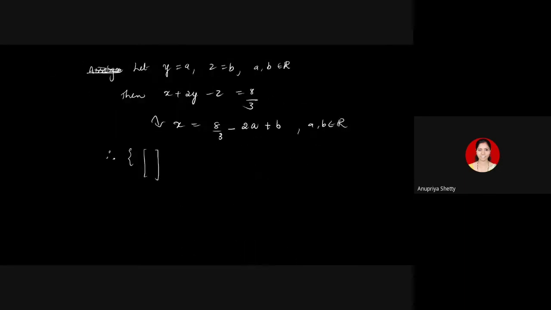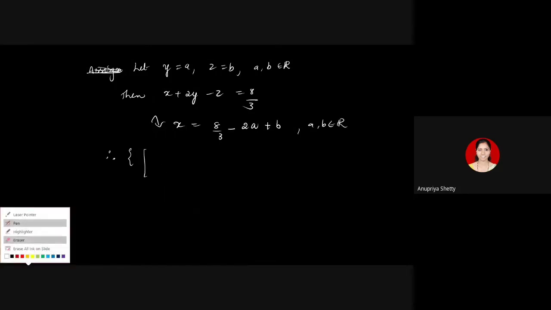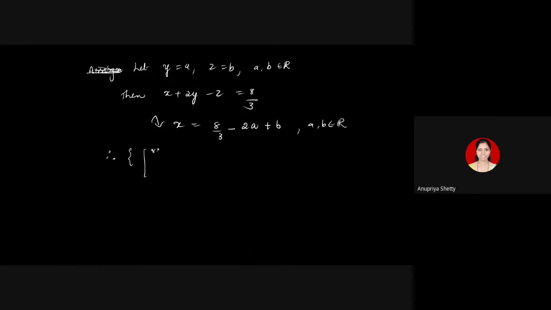So x is 8 by 3 minus 2a plus b. For y you have given the value a, and for z you have taken the value b.